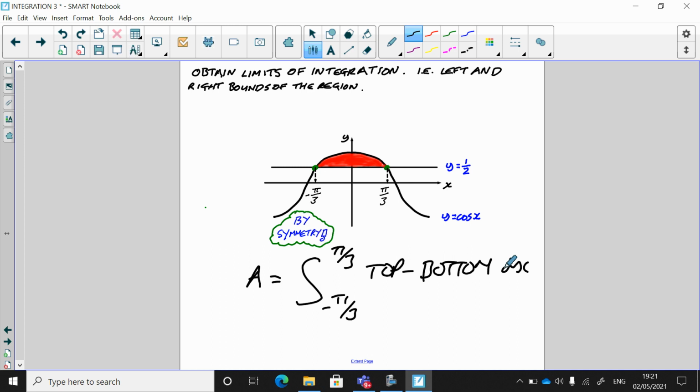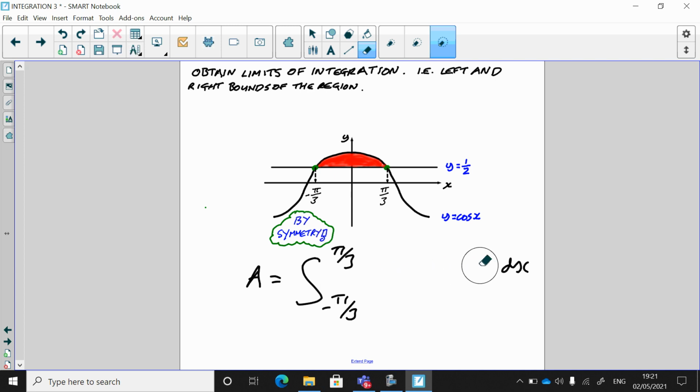That's what that means. So the top minus bottom. What's the top curve here going to be? The top region, that's going to be the curvy part, is cos x. So that's why I'm going to have cos x here.